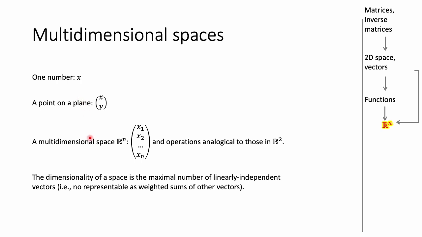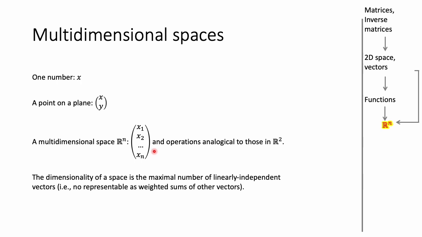And a point in a multidimensional space, which is denoted as capital bold R to the power n, simply is represented as a column of numbers, as many as there are coordinates in the space. So the points in an n-dimensional space are just a collection of n numbers stacked like this as a matrix with just one column, or as an n-dimensional vector.